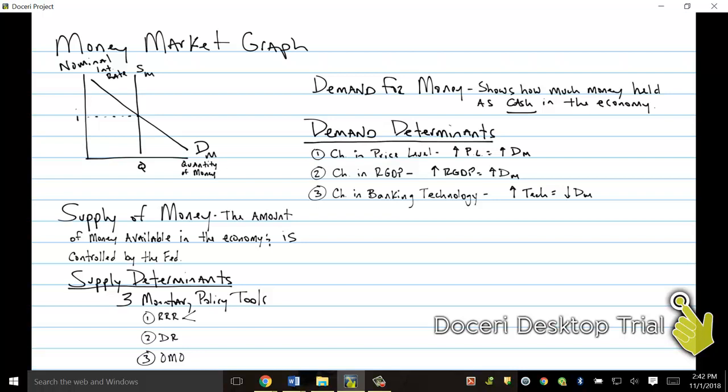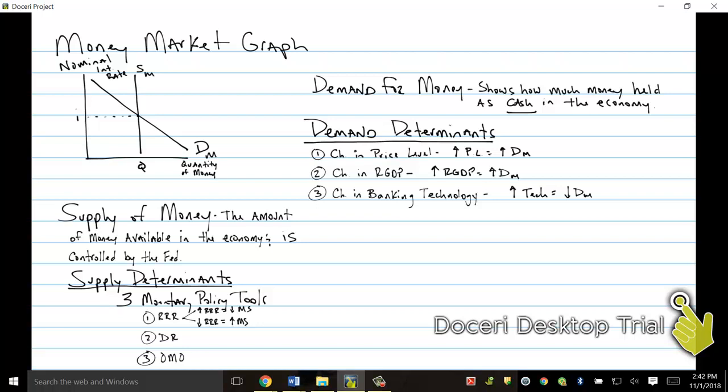We can have an increase in the required reserve ratio. When that happens, that causes a decrease in the money supply. Or we could have a decrease in the required reserve ratio. And when that happens, that causes the money supply to increase.